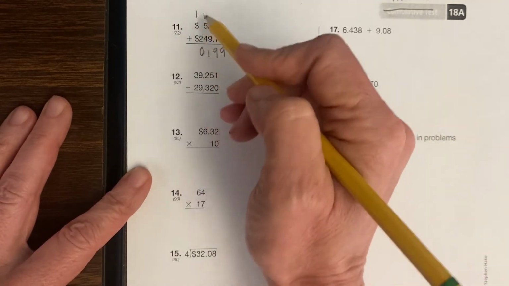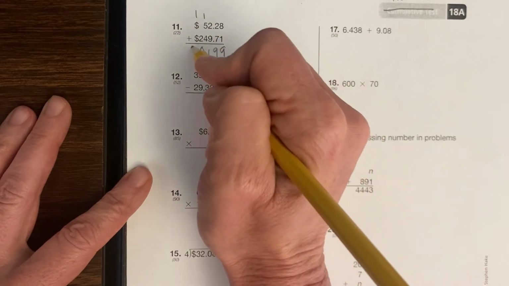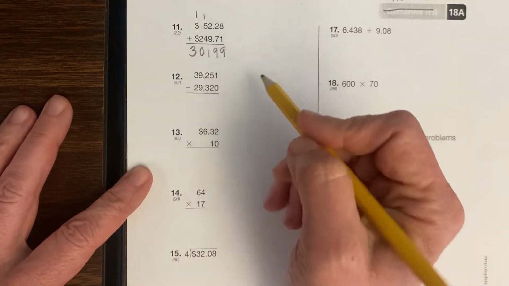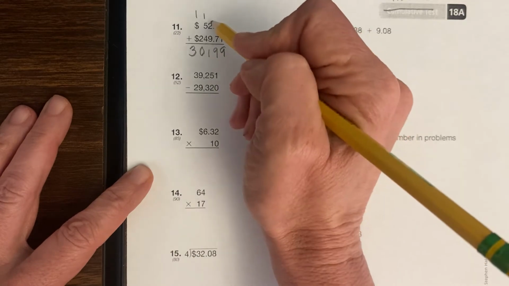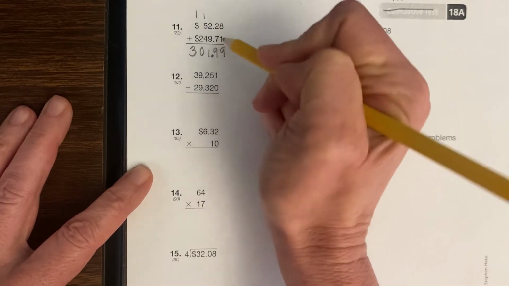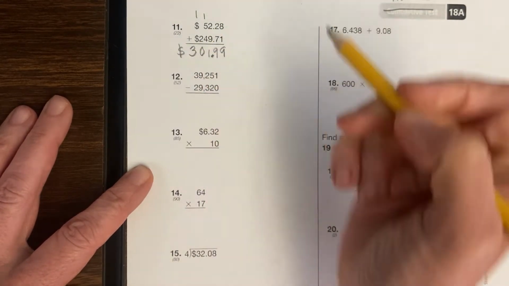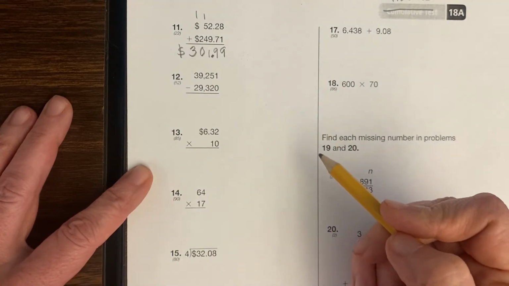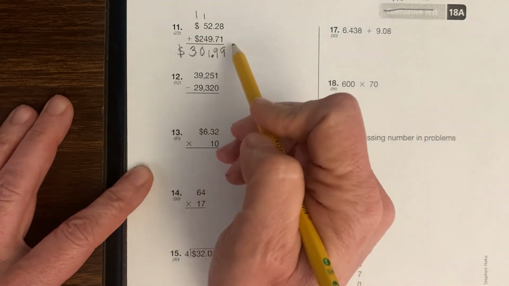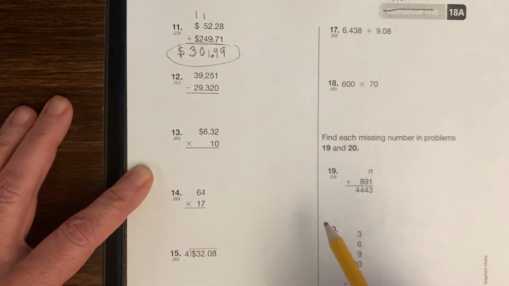And then 1 plus 2 is 3. Okay, then we have to remember to put in the decimal point and the dollar sign. So that's $301.99. So I'm going to circle that so I know that's my answer.